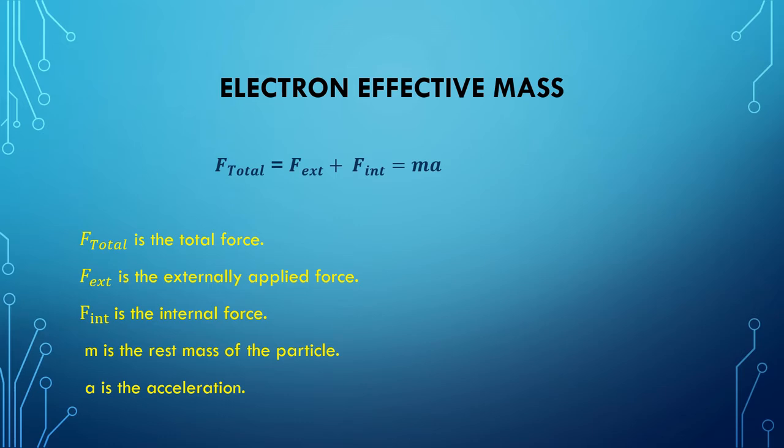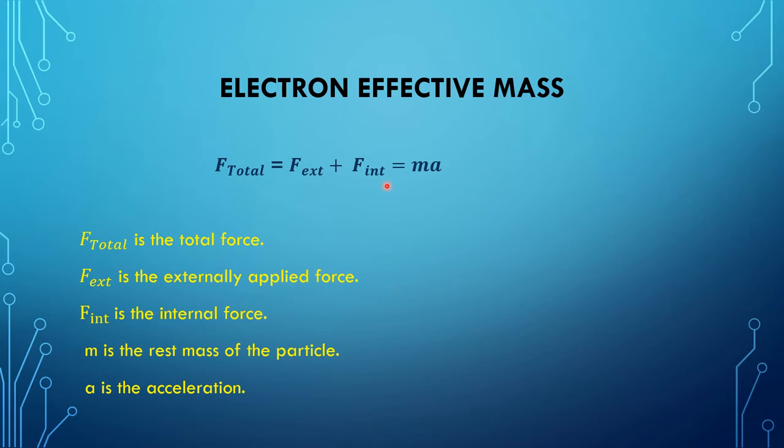So the total electron force depends on F external, the externally applied force, and F internal, the inbuilt crystal force due to positively charged ions or protons and negatively charged electrons, and that is equal to ma.